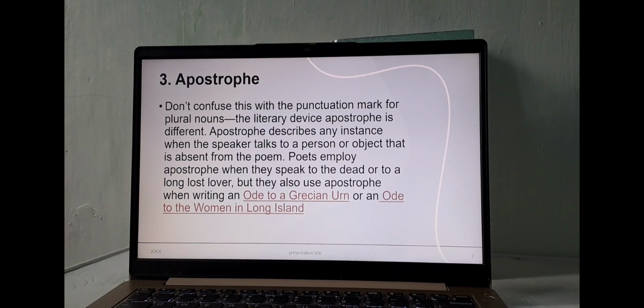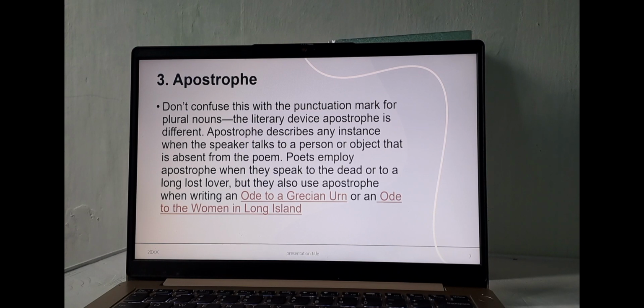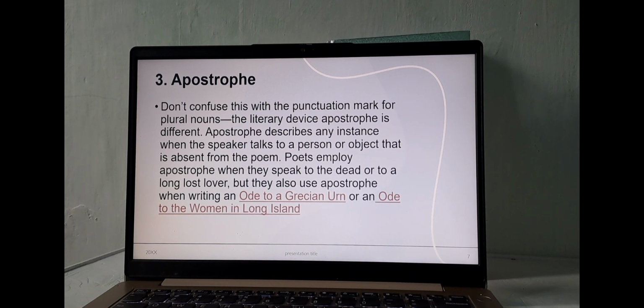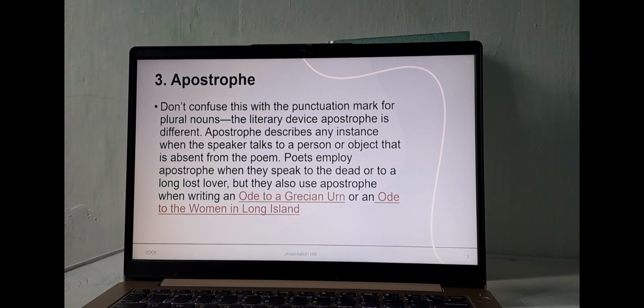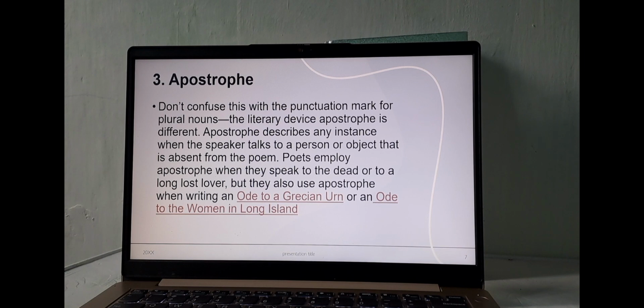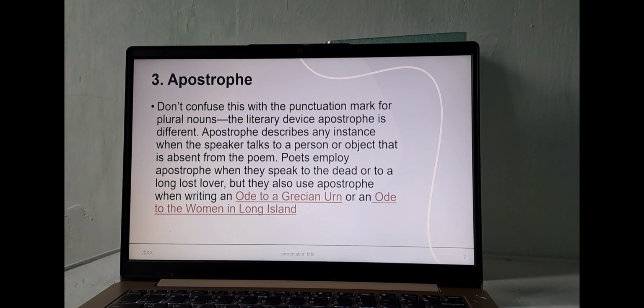Number 3. Apostrophe. Don't confuse this with the punctuation mark for plural nouns. The literary device apostrophe is different. Apostrophe describes any instance when the speaker talks to a person or object that is absent from the poem.